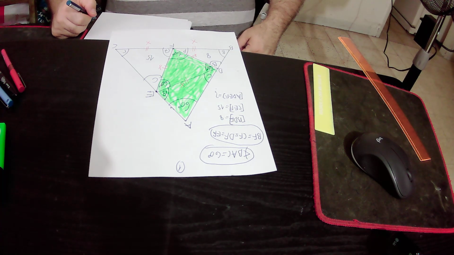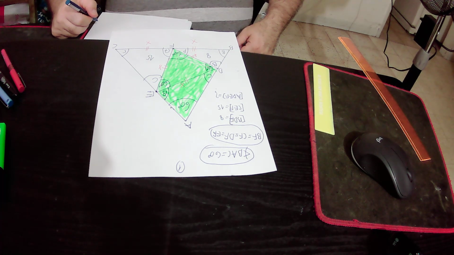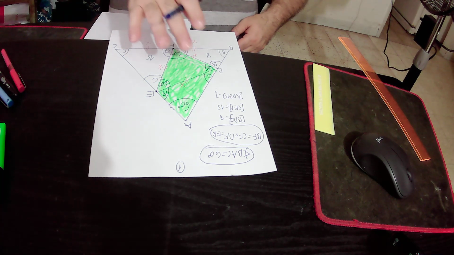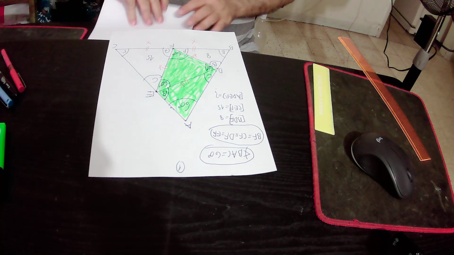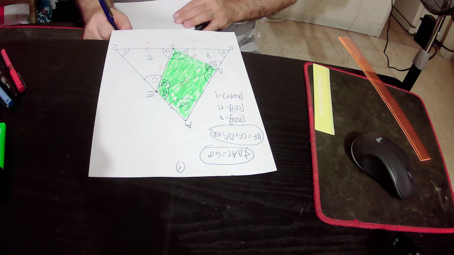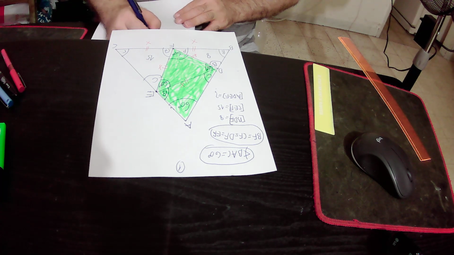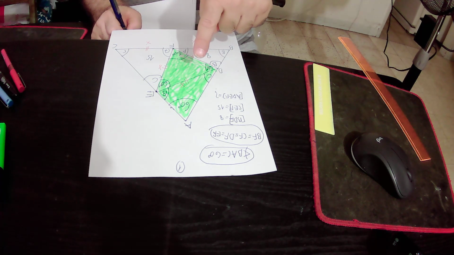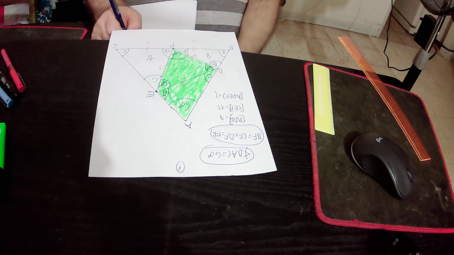So in the next step we will focus on triangle ABC, the big triangle, and triangle ADE, the green small triangle.